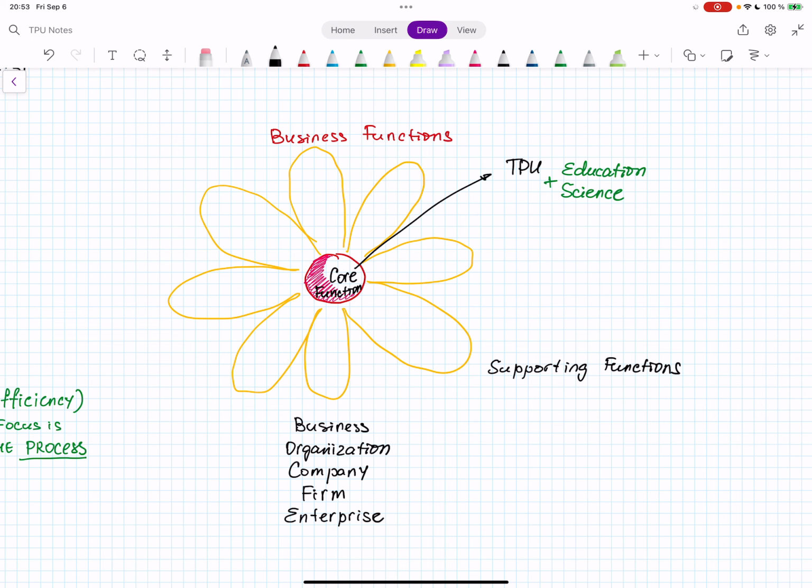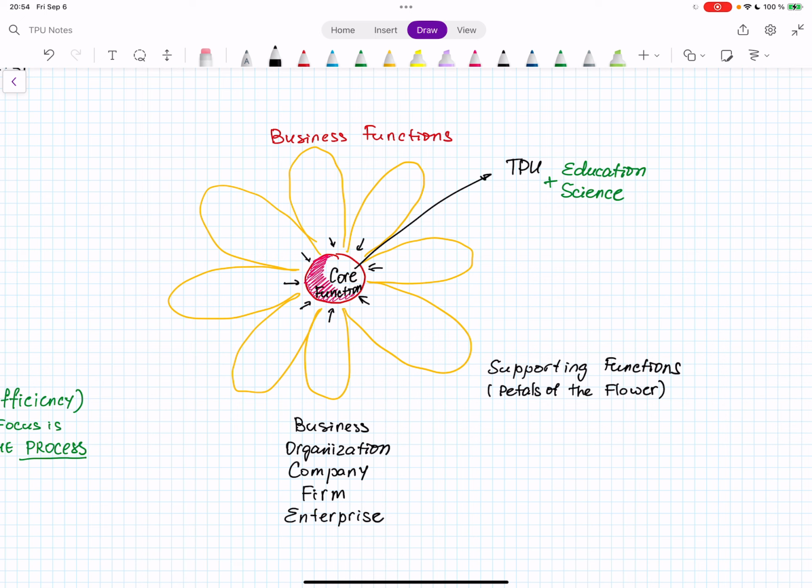So supporting functions, these are like the petals of the flower. So these many petals of the flower help the core function to be performed in the right way.